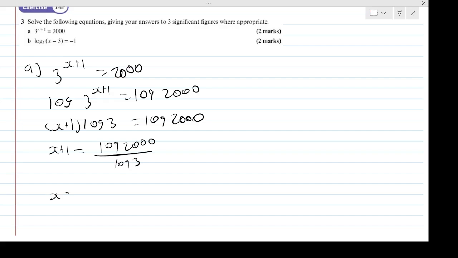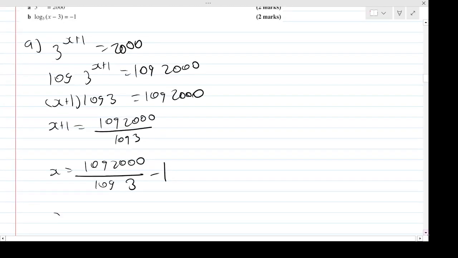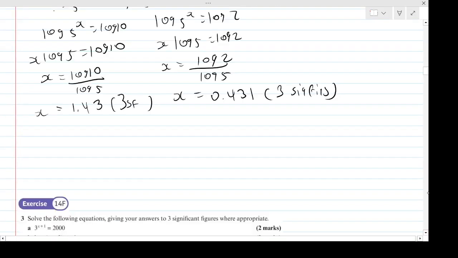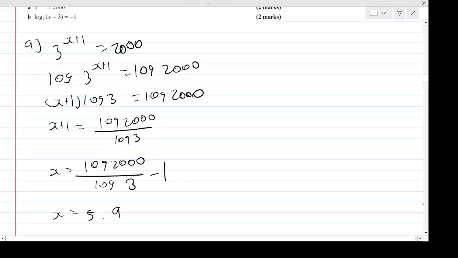And so then x on its own, we subtract 1. And so if I put all of that in a calculator, I get x is 5.92 to 3 sig figs.